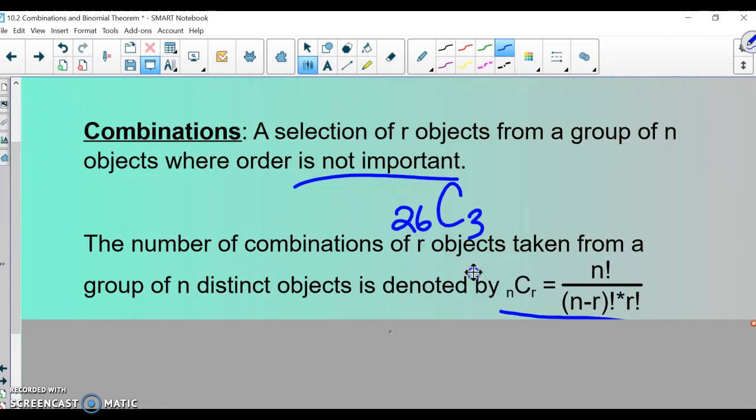How many different ways can I do that? First, you would type in the n value, which is 26. Then you go math, PRB, combinations, 3. And you would find out the answer is 2600. Remember, that's math on our calculators. Go over to PRB, and you select nCr. Combinations.